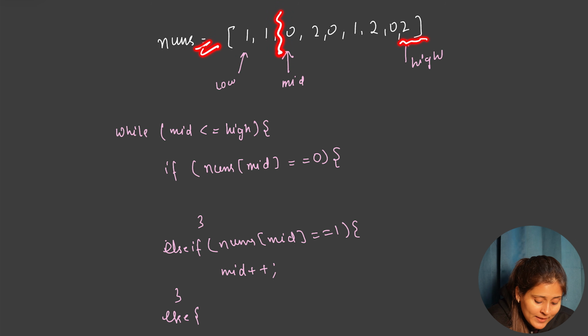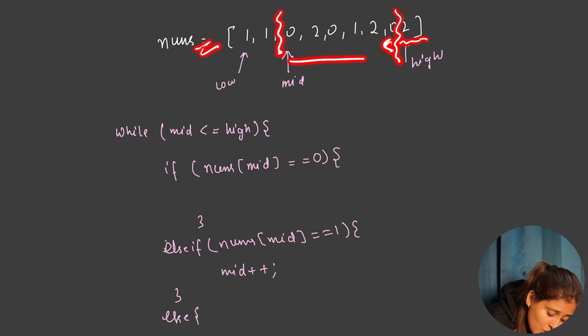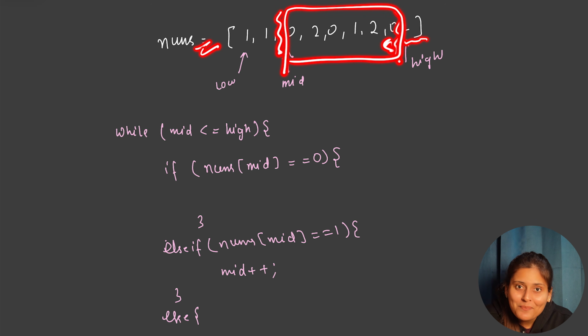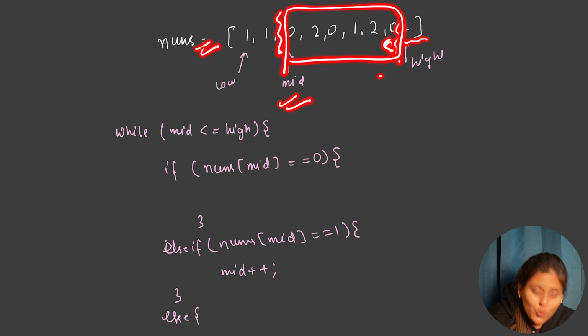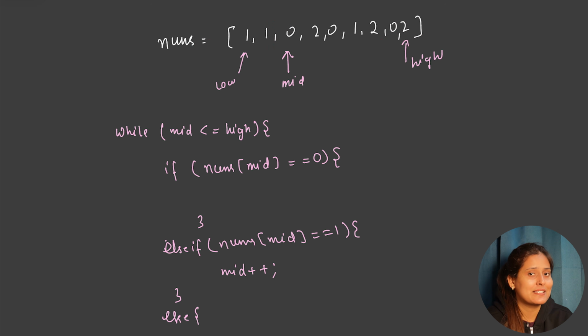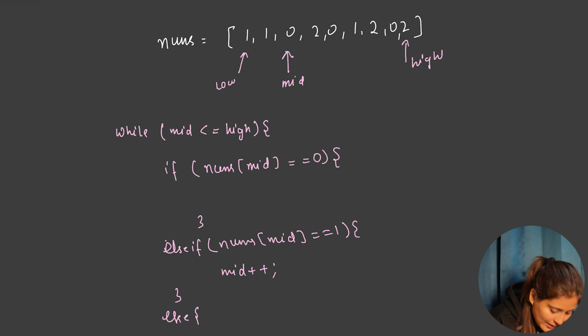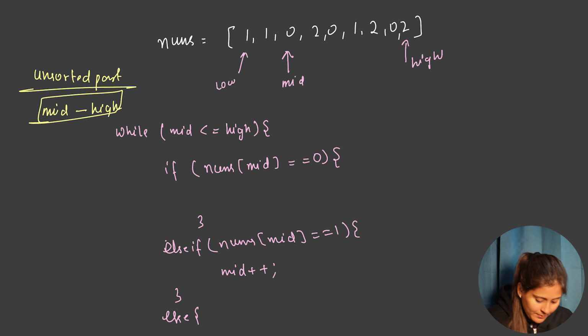High says from n minus 1 to wherever high is, it will be sorted. So what is the unsorted part? The unsorted part is from mid to high. Let's write it somewhere first: the unsorted part lies from mid to high position.